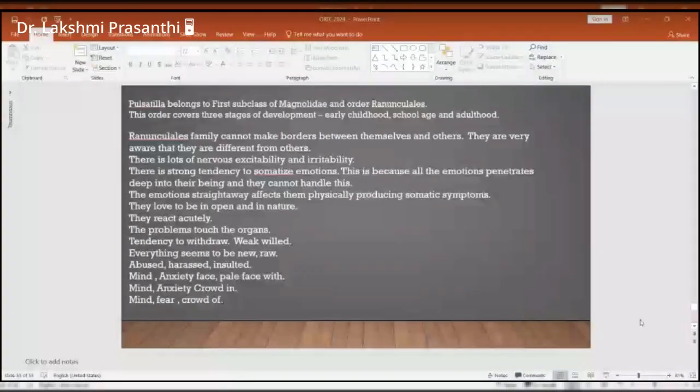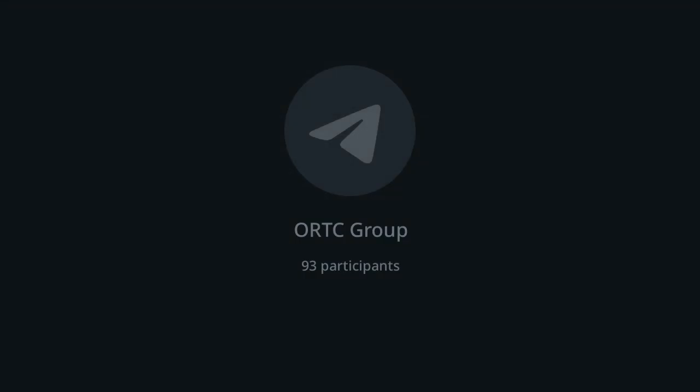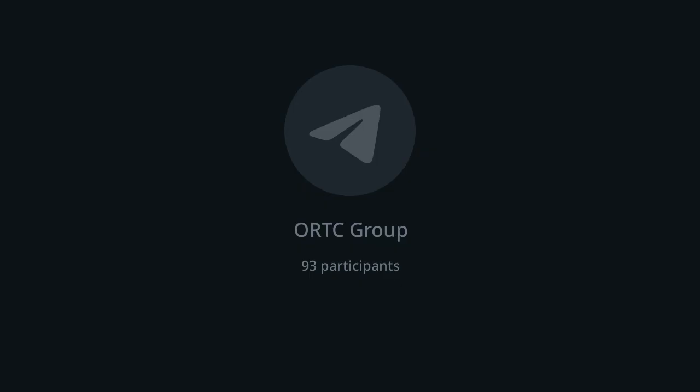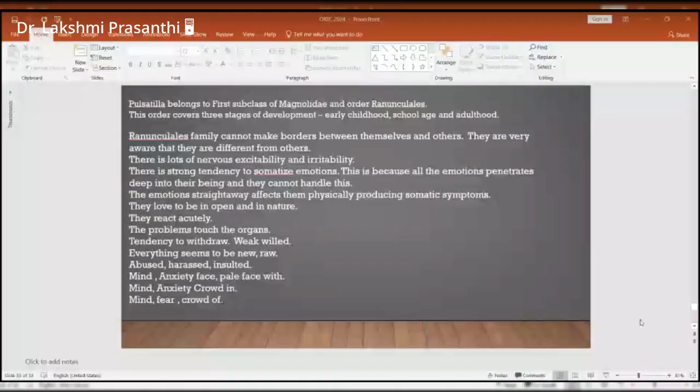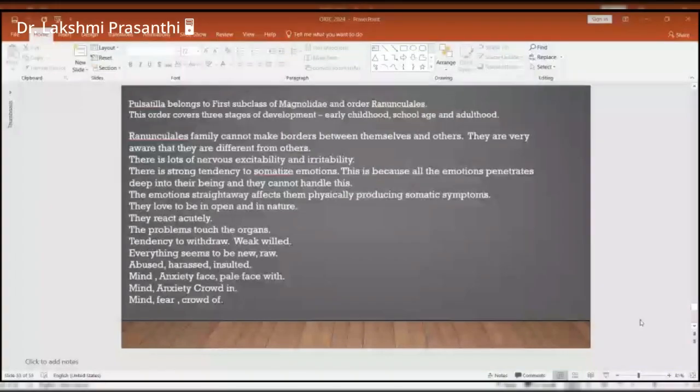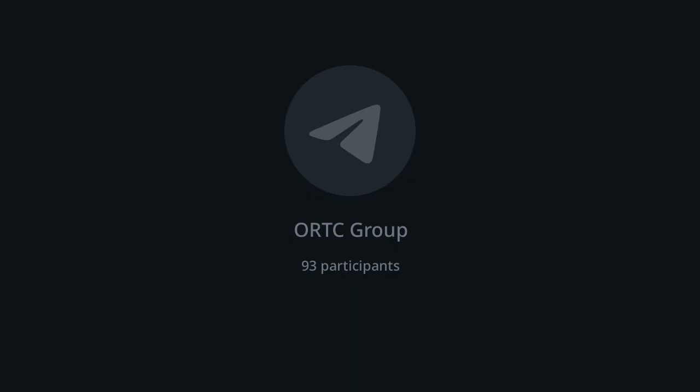So the Ranunculaceae family covers three stages: early childhood, school age, and adulthood, where there are themes of raw nerves, penetrating, and then wanting to do new things, undertaking creativity, themes of development.